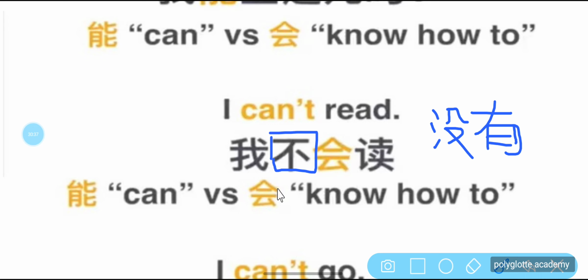So we have pu, which means not or don't.